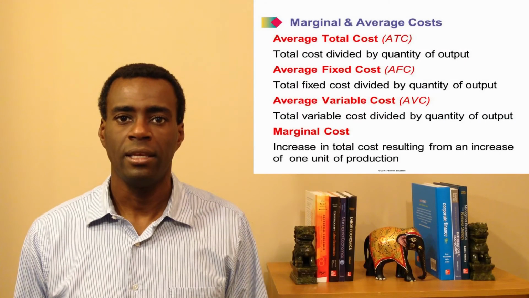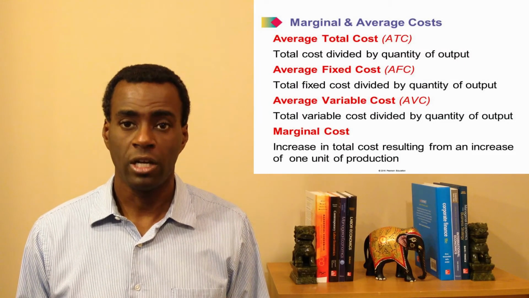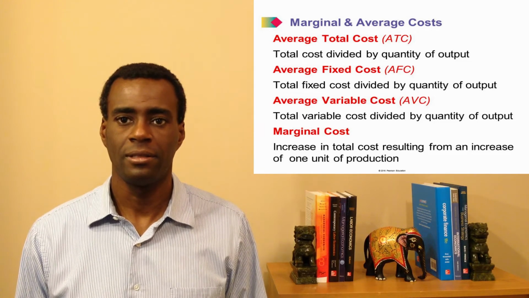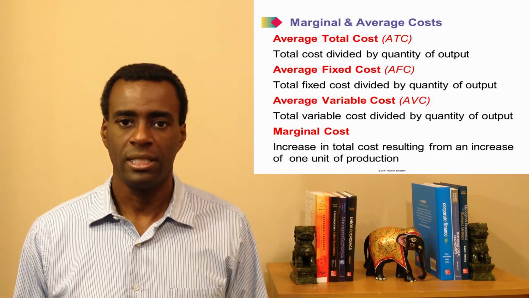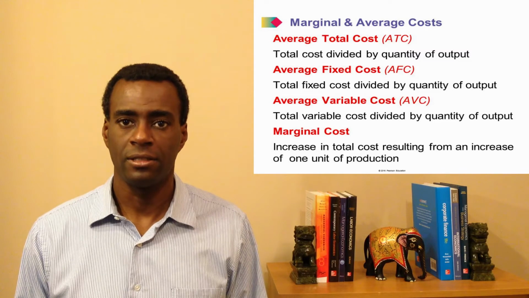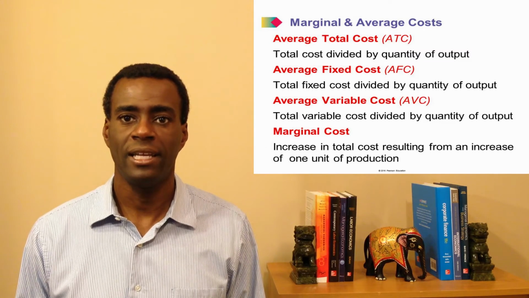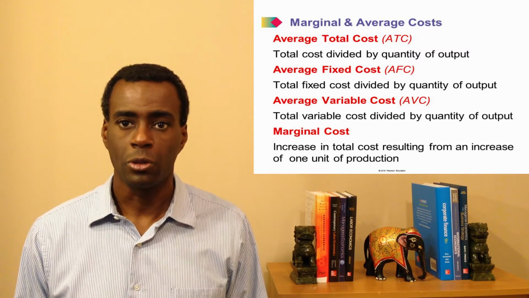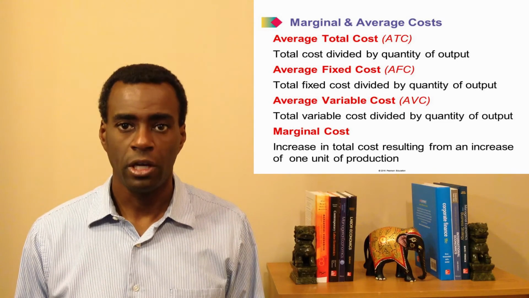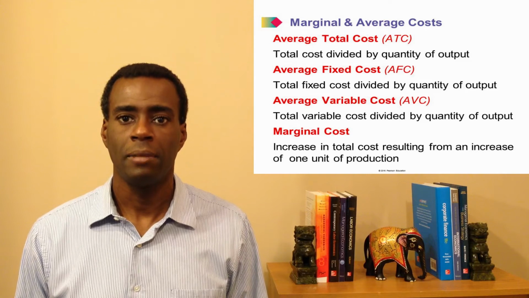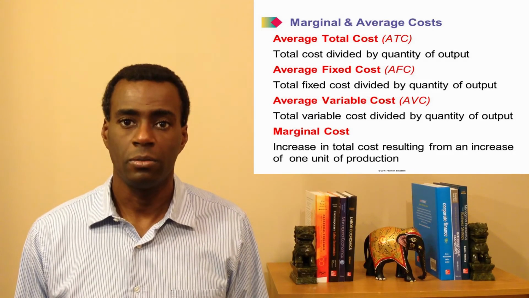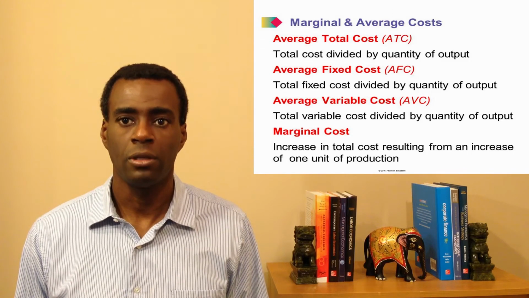We will work with the average total cost, which we simply get by dividing the total cost by the quantity of output, the average fixed cost, which we get by dividing the total fixed cost by the quantity of output, the average variable cost, which again we get by dividing the total cost associated with variable factors of production by the total output.